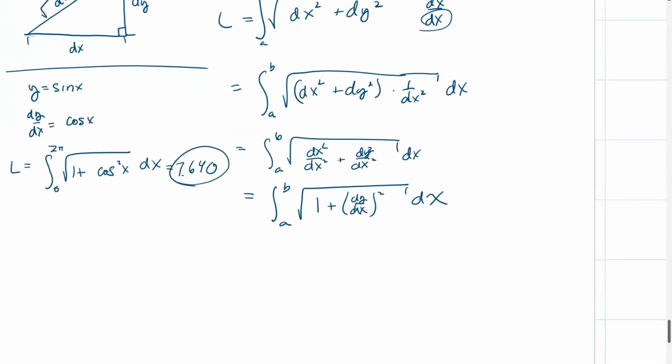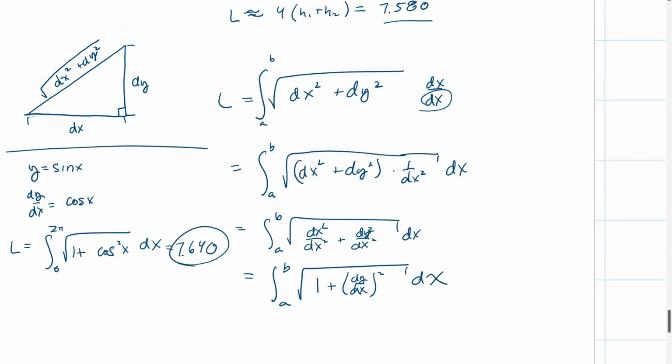Slight note here, let's just switch over to the red marker to note that in this process where I multiplied this integral by dx over dx, I could have, at the same point, chosen to take the dx squared plus dy squared and multiply it by dy over dy.